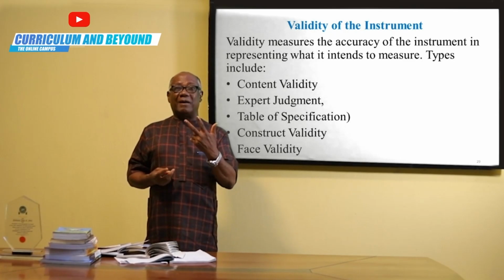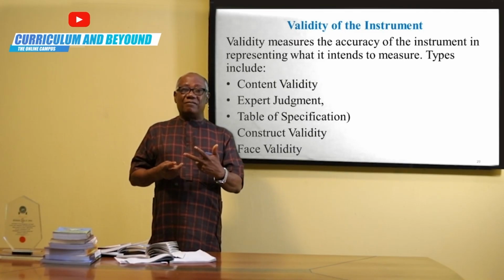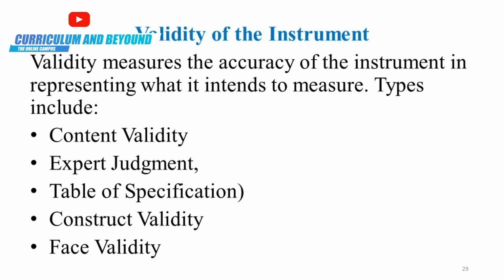Now, there are two ways by which we establish validation for your instrument. One of them is validity. The second one is reliability. Now, there are different ways you can establish validity for your instrument.